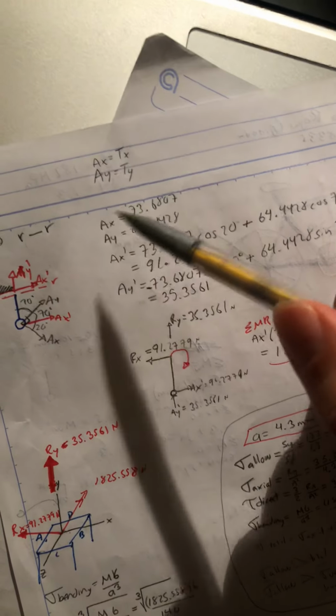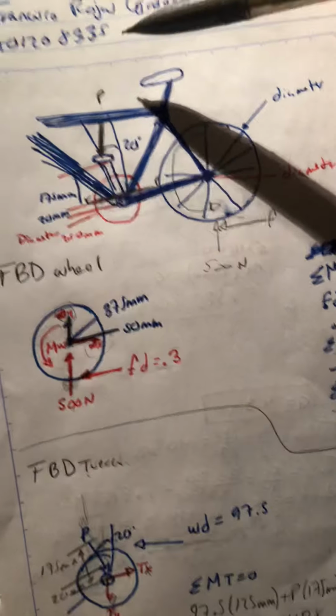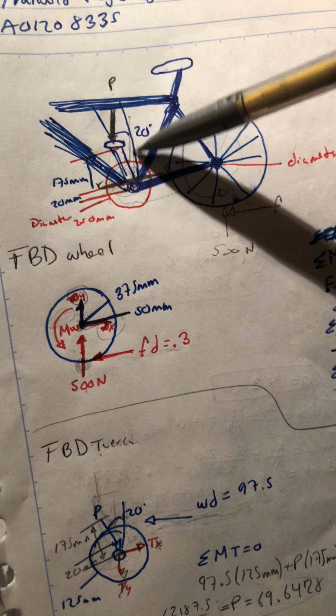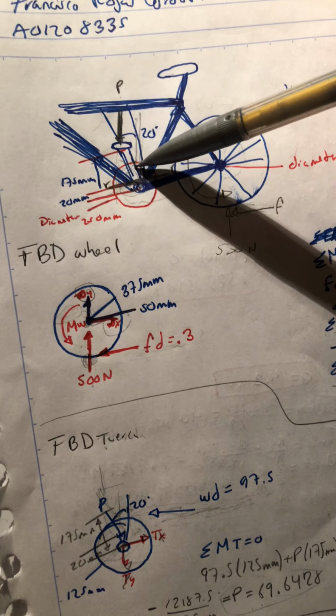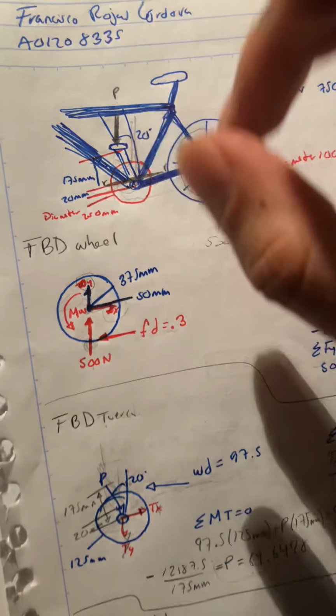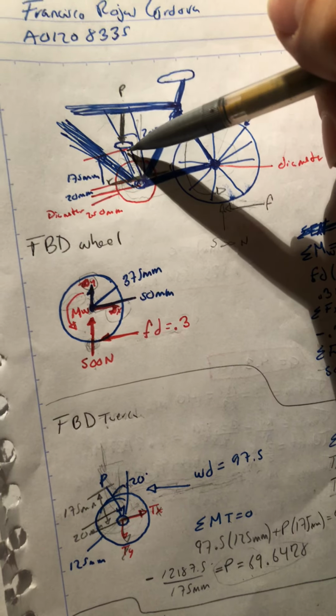Since we know the pedal has an inclination of 20 degrees, it will be very difficult to do the cut with an inclination. So we have to turn it a little, so it will be easier to solve the cut.